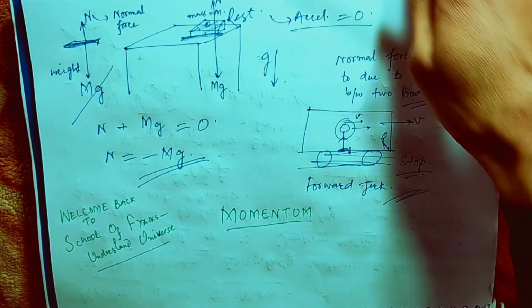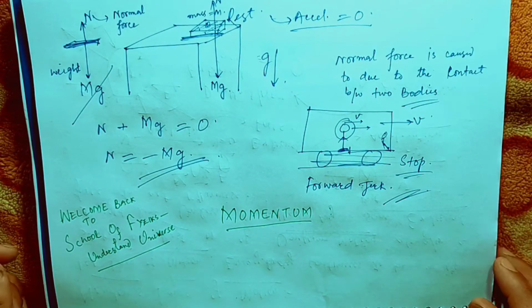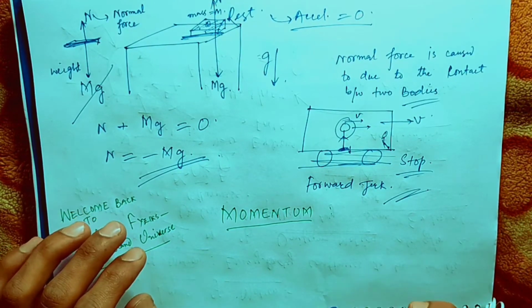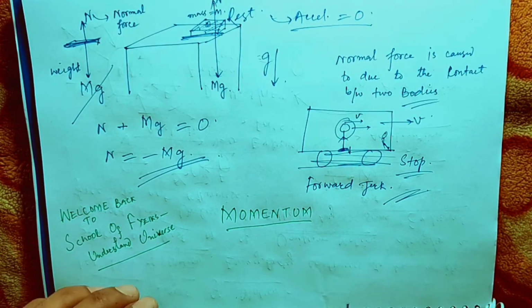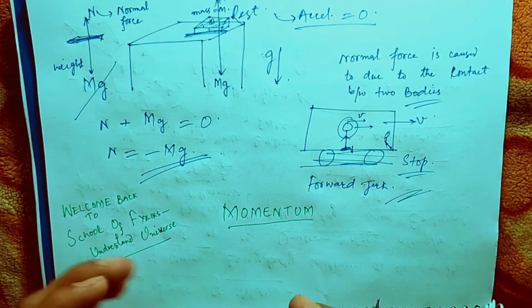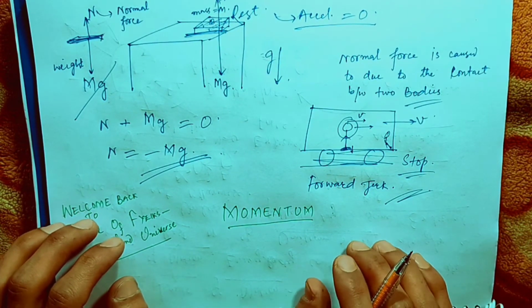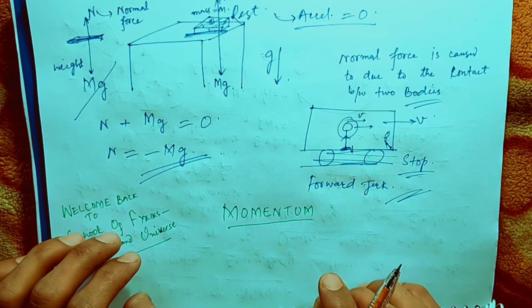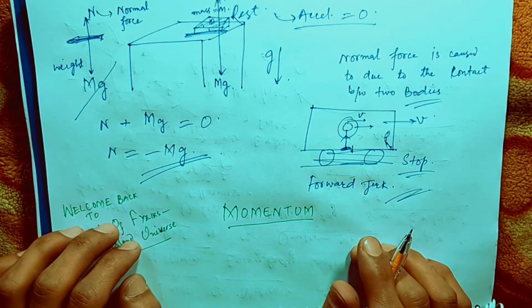This is a very important topic as far as classical mechanics is concerned. So what does momentum actually mean, and how useful is it in classical mechanics? We'll try to understand this concept.